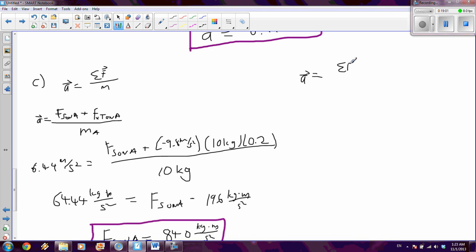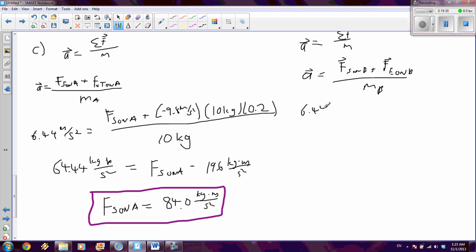Acceleration is equal to the sum of the forces over the mass. Acceleration is equal to the force string on B plus force earth on B divided by the mass of B. Acceleration, 6.44 meters per second squared, is equal to the force string on B plus 9.8 meters per second squared times 25 kilograms.